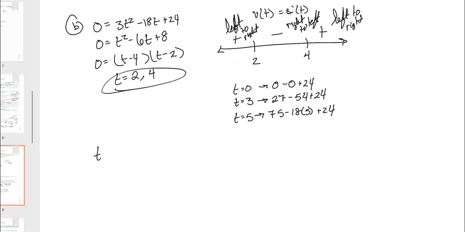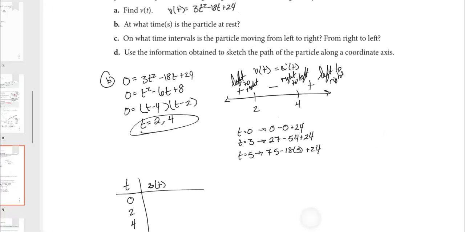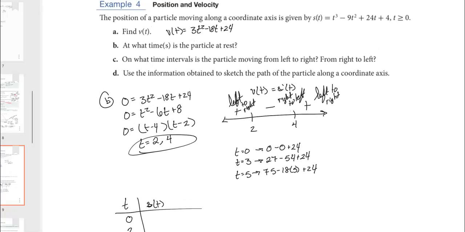So let's create a little chart. We have some key times in here, and then we want to know position. So we're going to start at time equals 0, and then we're going to figure out what's happening at time equals 2 and time equals 4. We're going to create a little diagram here. So I'm plugging these numbers into my position equation up here. When I plug 0 in, I'm going to get 4.